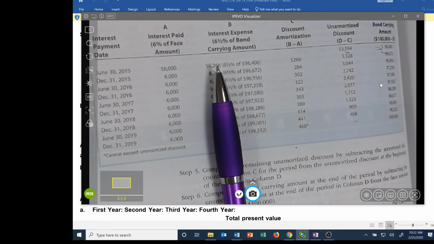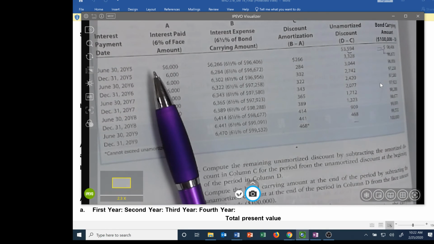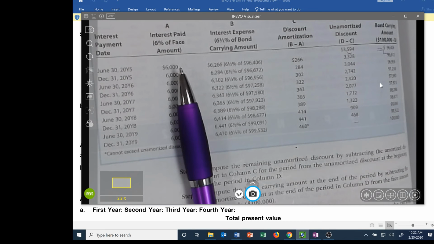Now, here it says face amount. You got 3.5% there, right? What's the face amount of the bonds? So multiply 50 million times 3.5%.